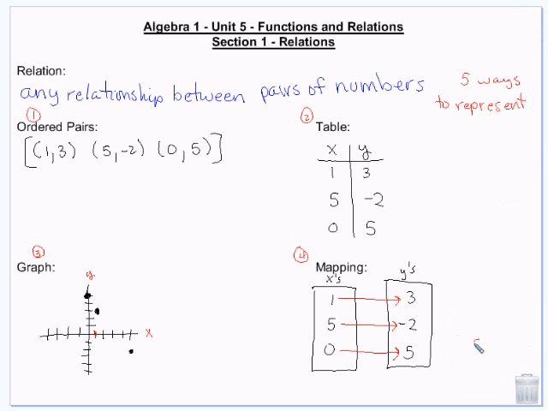Okay, we can represent relations with equations, but not all relations. So this particular relation cannot be represented with an equation, at least not one that I can think of off the top of my head.